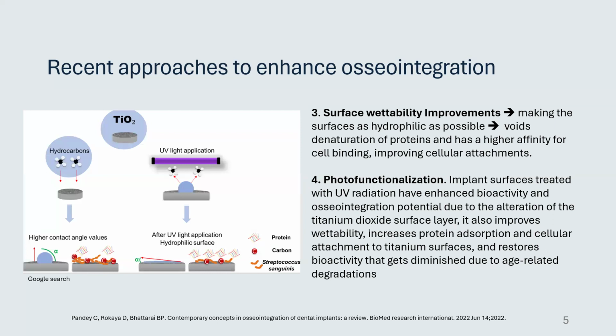As we can see in the figure on the left, the application of UV light on the surface of the implant can make the surface more hydrophilic. It can also alter the titanium dioxide surface layer and improve protein absorption, cellular attachment, and restore bioactivity that gets diminished with age.